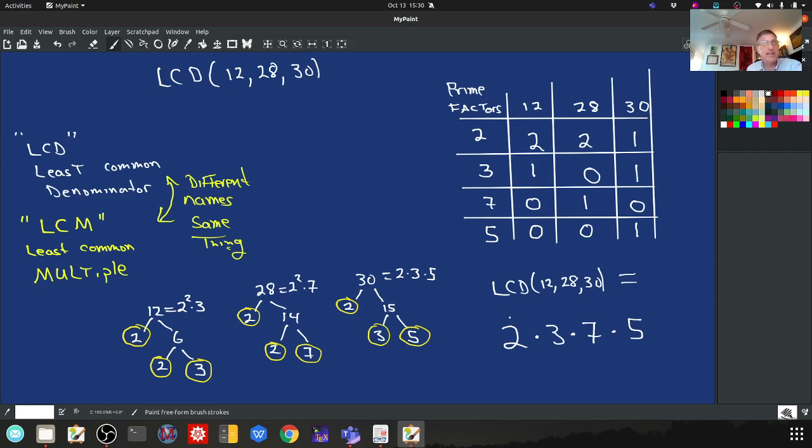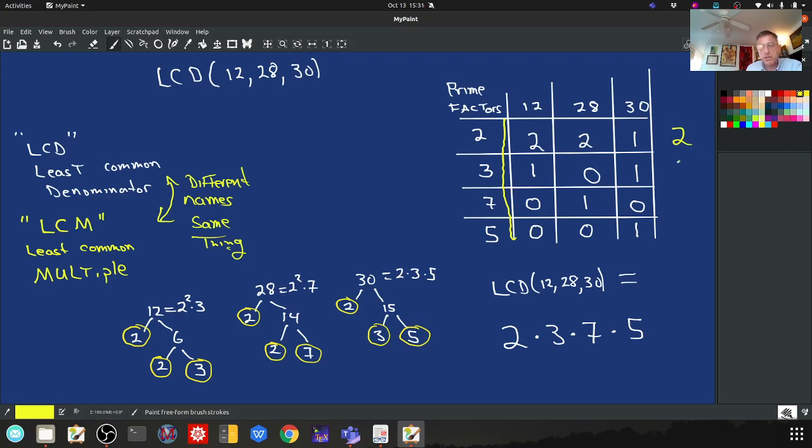And the thing about the LCD is the power is never 0. So for the greatest common factor, what we did is we looked at each of these rows. So here are my factors and here are the numbers accompanying them. So we look at all of the entries in the row corresponding to my 2 factor, and for the greatest common factor I would take the smallest number. Now we're going to take the largest number.